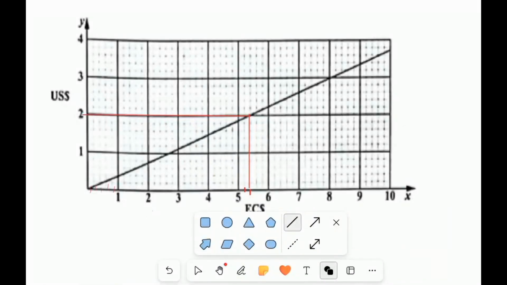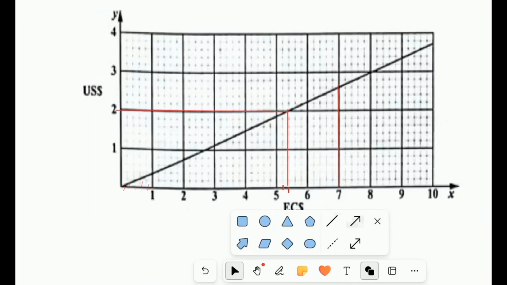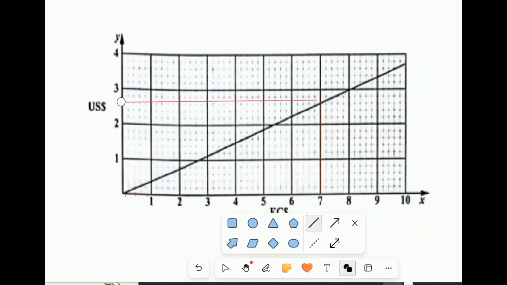Here's a closer look at our graph. So let's get started. So 7 EC, we're going to trace that up to the graph. Let's connect that now to the y-axis to find how many US dollars it is.